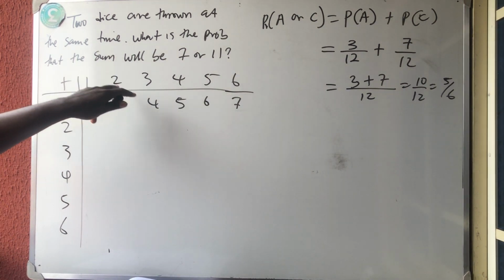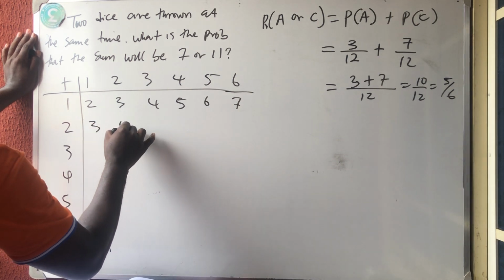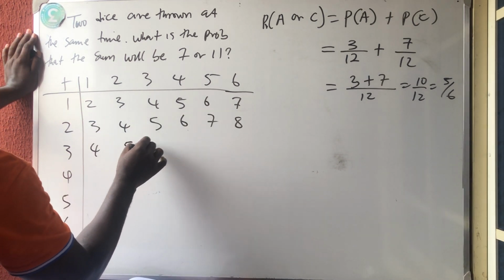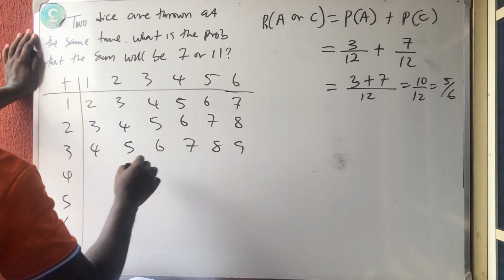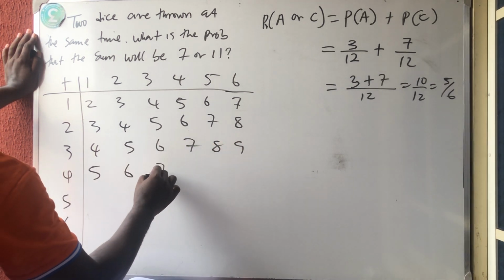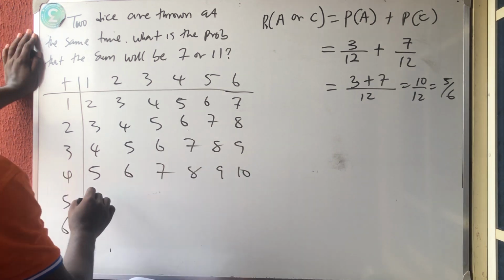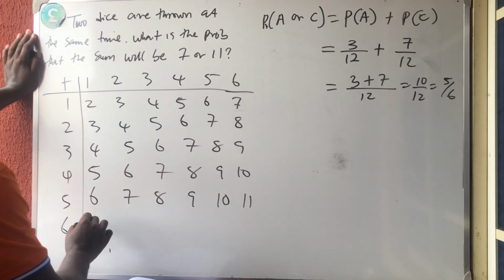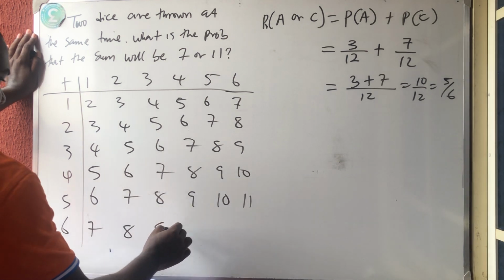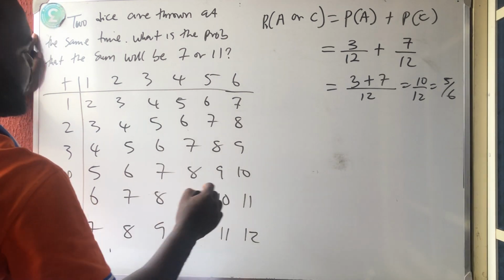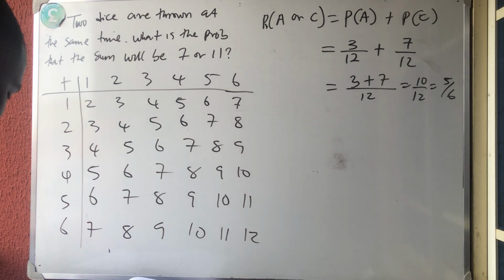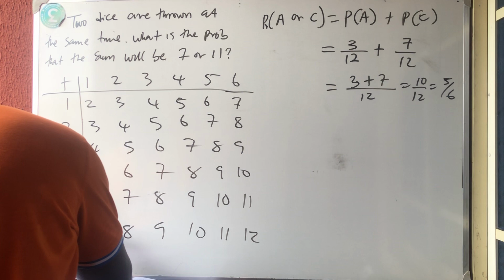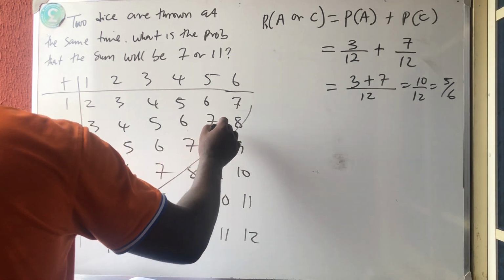This plus this, this plus this. 3, 4, 5, 6, 7, and 8. 4, 5, 6, 7, 8, and 9. 5, 6, 7, 8, 9, and 10. 6, 7, 8, 9, 10, and 11. 7, 8, 9, 10, 11, and 12. Okay, so the probability of getting a 7, look at them. This is 7.